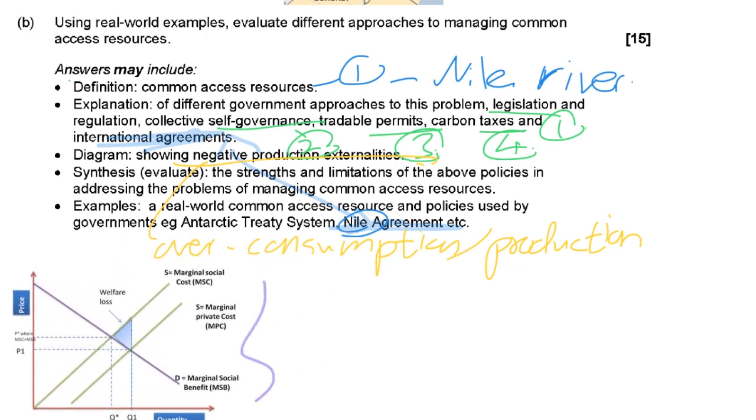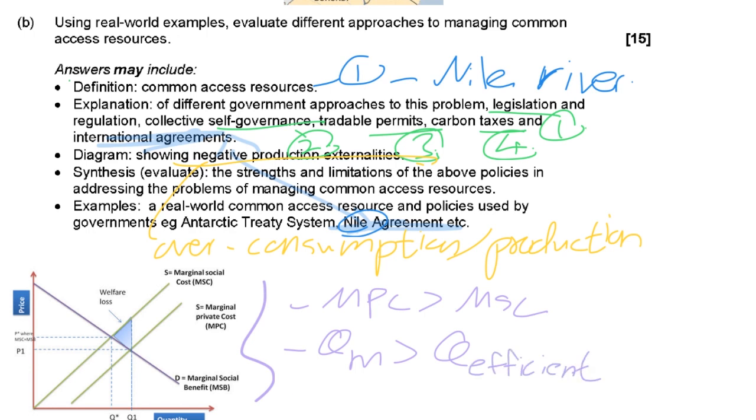When you draw the diagram, make sure you show that, first, MPC is greater than MSC, and second, the market equilibrium quantity is larger than the efficient level. So we can see there is overproduction and overconsumption. This is what the examiners are looking for.